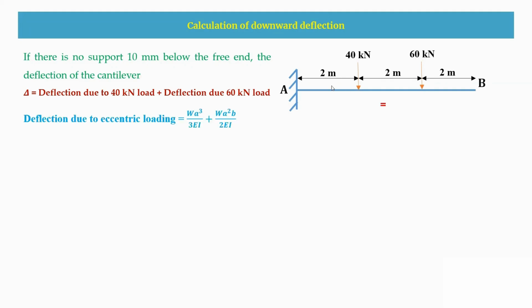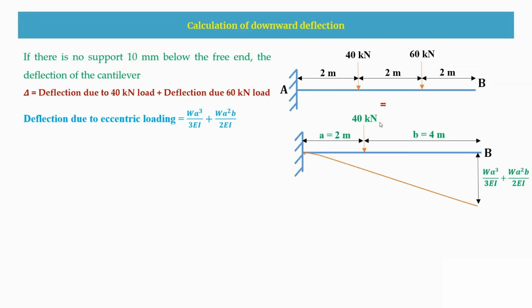As this load is eccentric, at a distance of 2 meter and 4 meter, similarly 60 kilonewton is eccentric for 4 meters and 2 meters. So due to eccentric loading, the deflection formula is WA cubed by 3EI plus WA squared B by 2EI. First I am going to consider only the 40 kilonewton load.